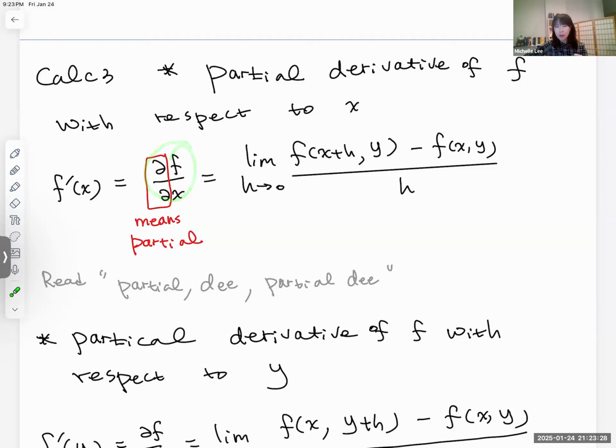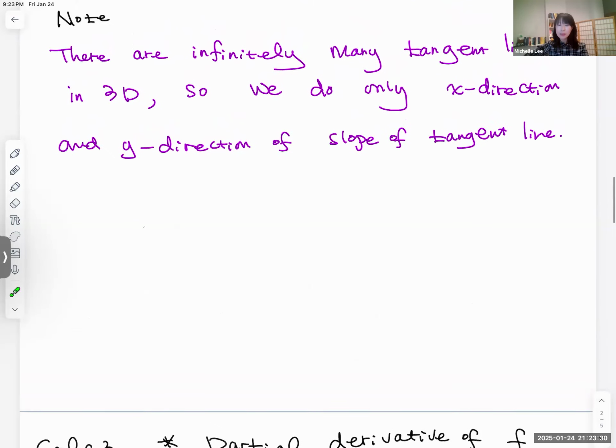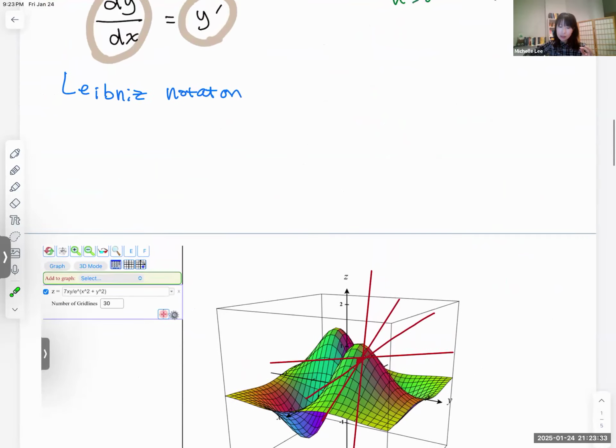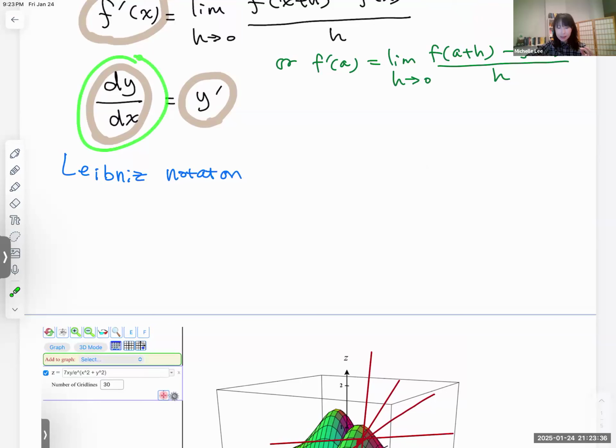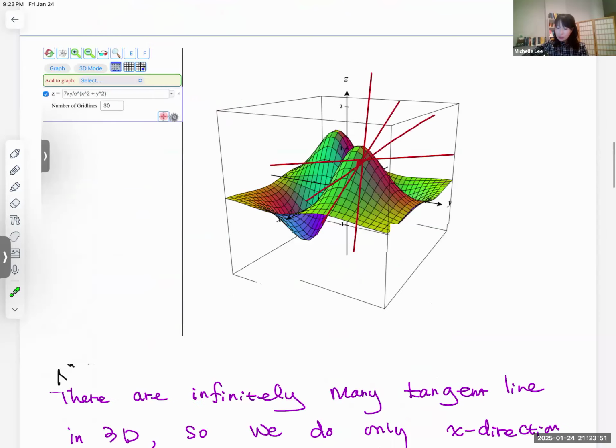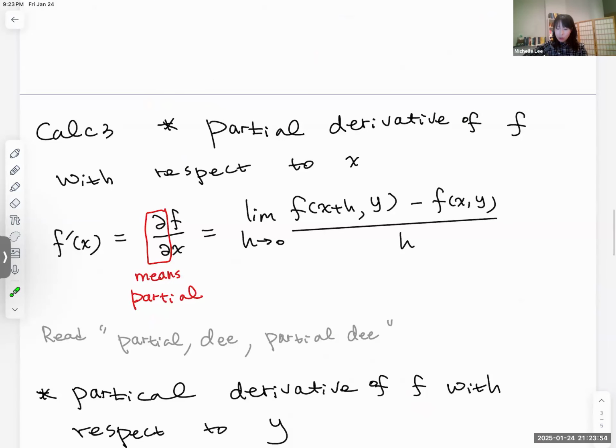From Leibniz notation, we had dy over dx, right? So we're looking at the y equation, and that means we take the derivative with respect to x. So this means we're looking at f and then the partial derivative with respect to x. So the partial derivative of f with respect to x.